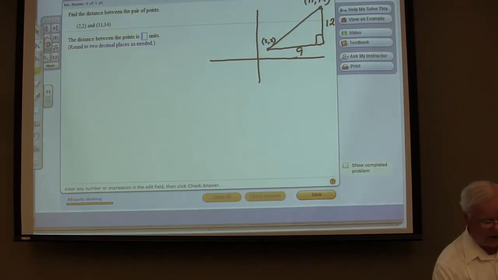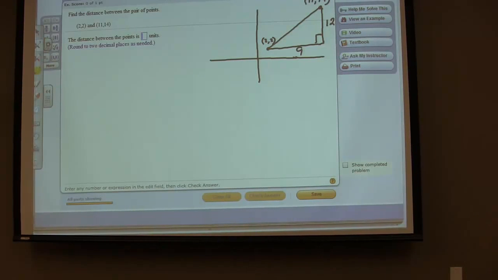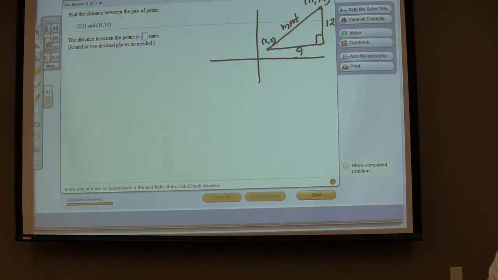So now, what is the length of the dimension I'm looking for? Well, isn't that the hypotenuse of that right triangle?